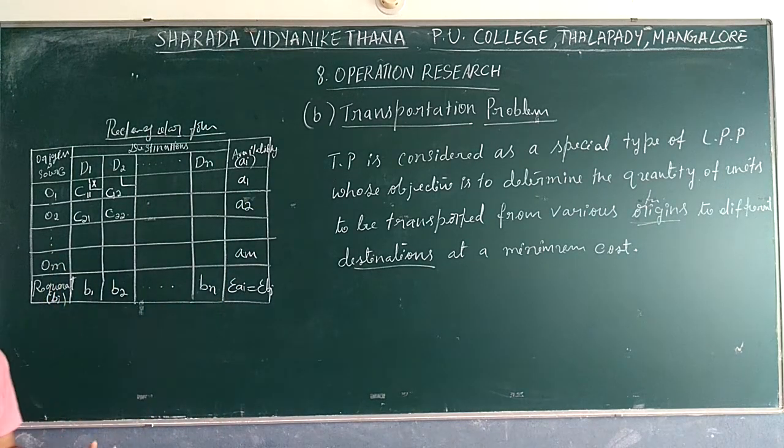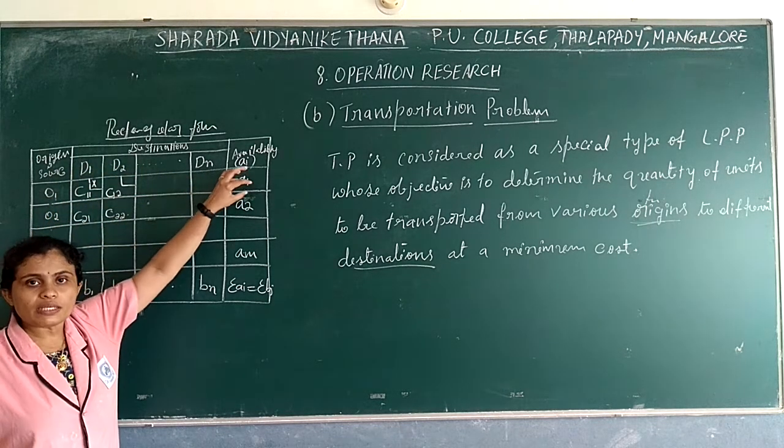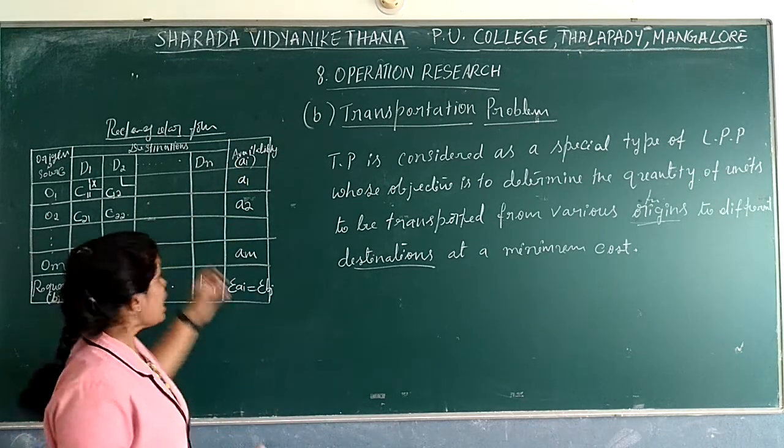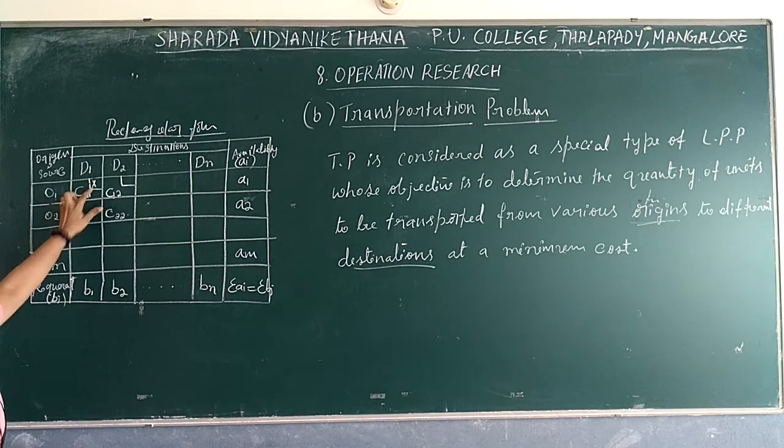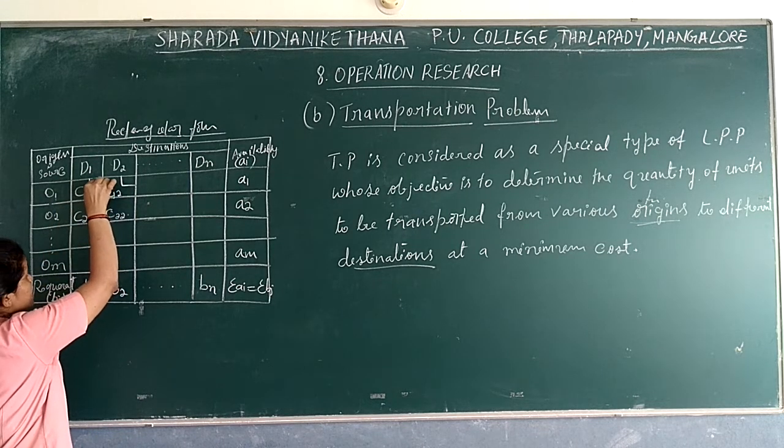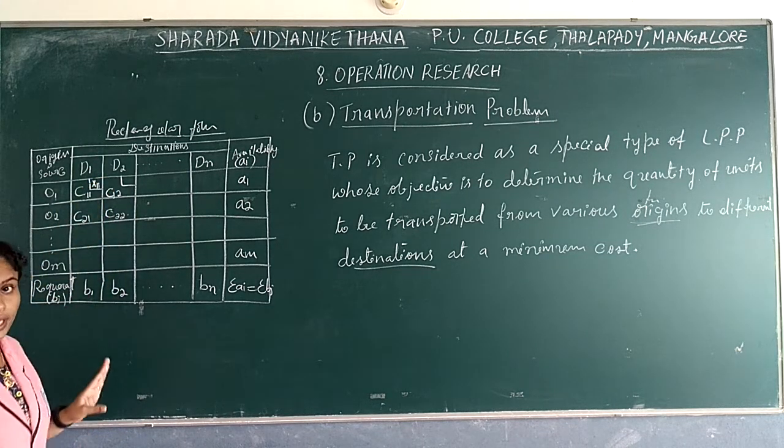If requirement is minimum, then we can allocate their complete requirement. If availability is minimum, we have to allocate what is available there. More than that, we cannot allocate. So that is allocation, and we present it in the form of X.